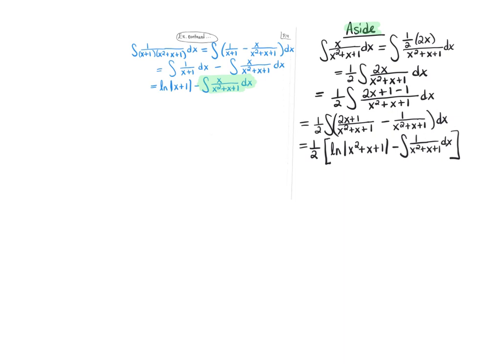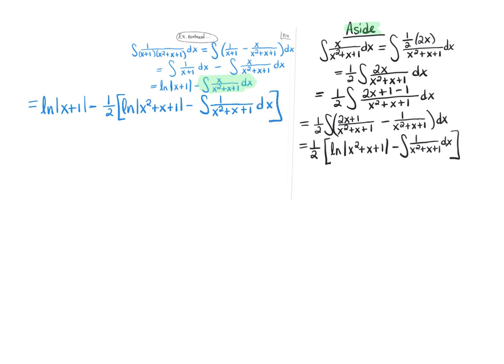We can take what we have from our aside and rewrite our integral as the natural log of the absolute value of x plus 1 minus everything from the aside, so minus 1/2 of the natural log of the absolute value of x squared plus x plus 1 minus the integral of 1 over x squared plus x plus 1 dx.